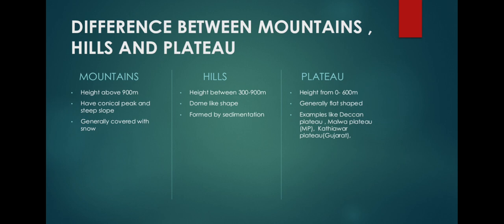Then we come to the difference in shape. The mountain has a conical shape and a steep slope. That is one main difference you can see when you see a mountain. If you talk about hills, the top of a hill is dome shaped.